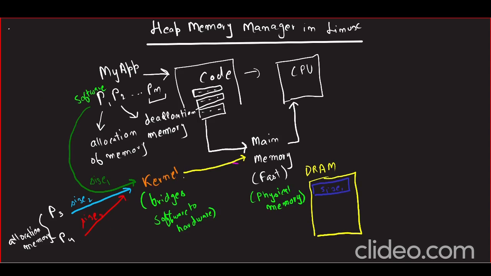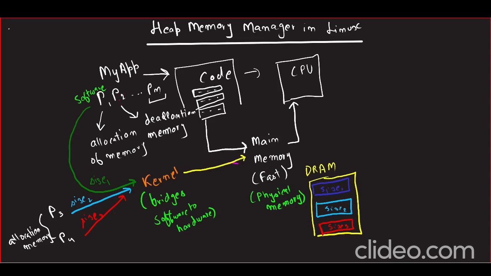It will go to the main memory and allocate those in the DRAM. Let's say here we have allocated size 2, and we again allocate here size 3.